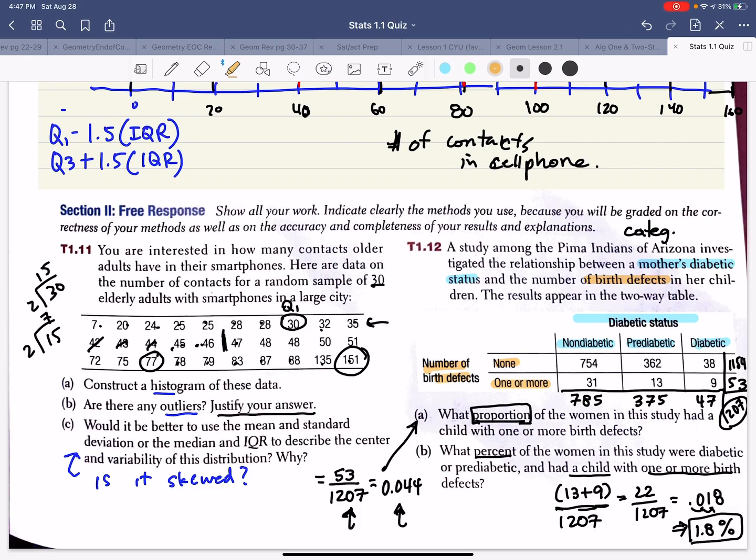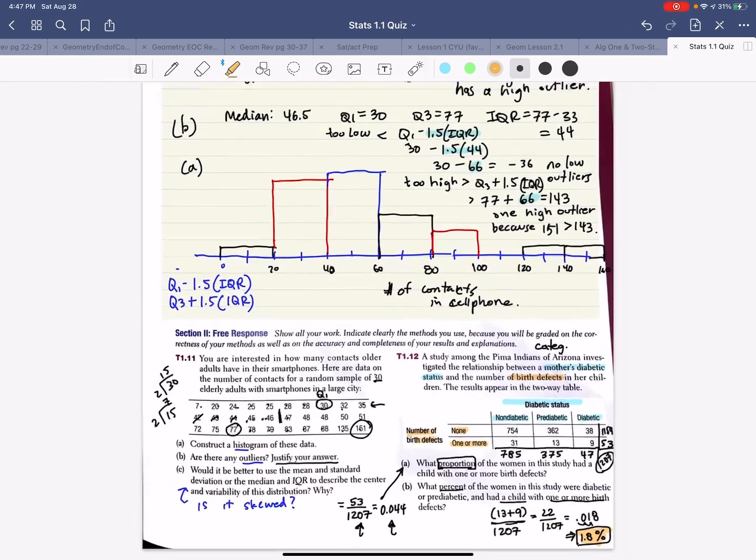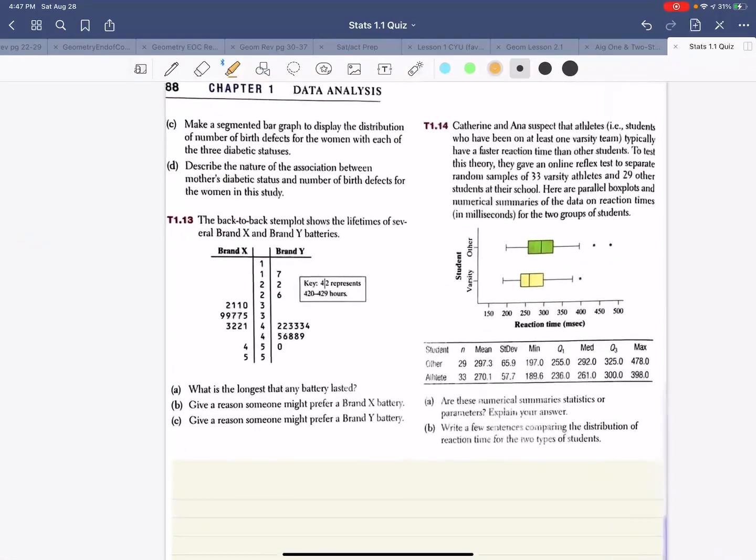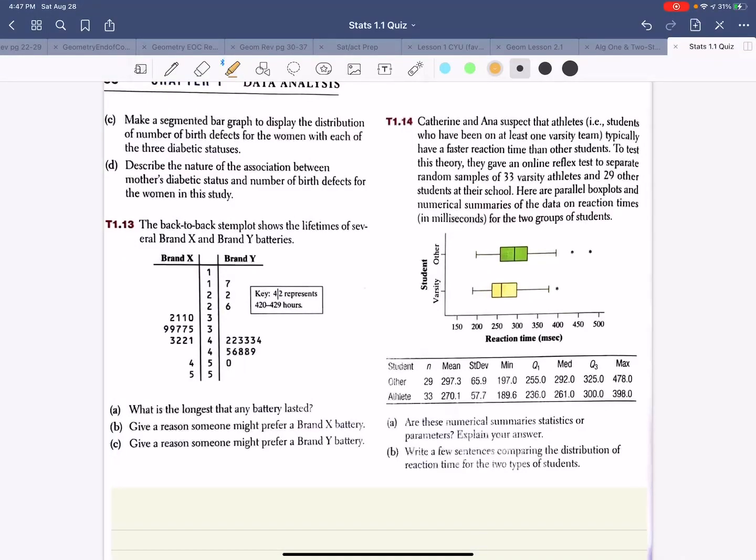All right, the question continues on the next page. So we're gonna scroll to the next page. It says C, make a segmented bar graph to display the distribution of the number of birth defects for women with each of the 3 diabetic statuses. Okay.